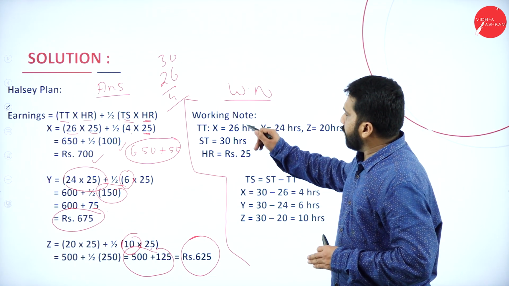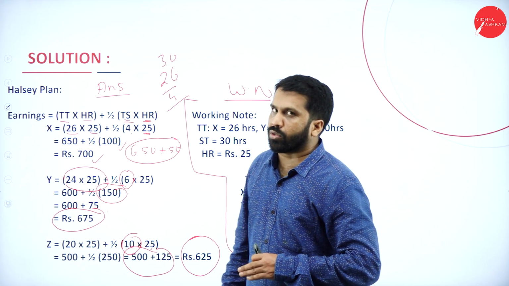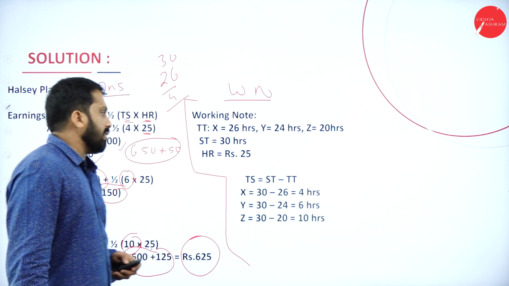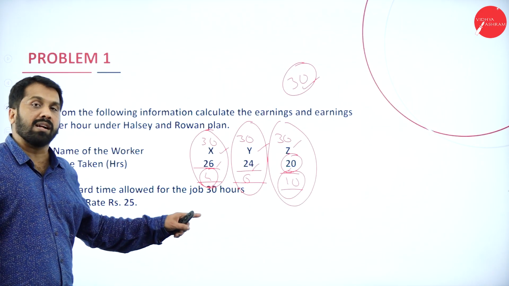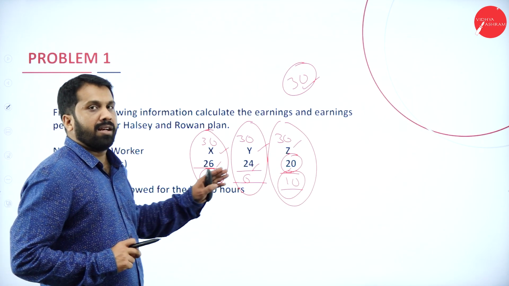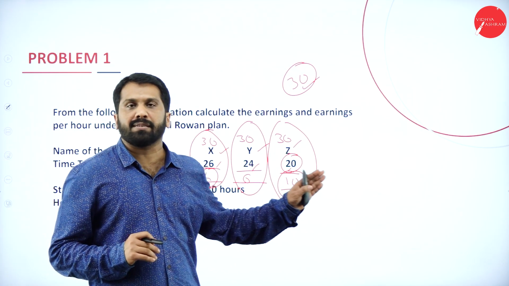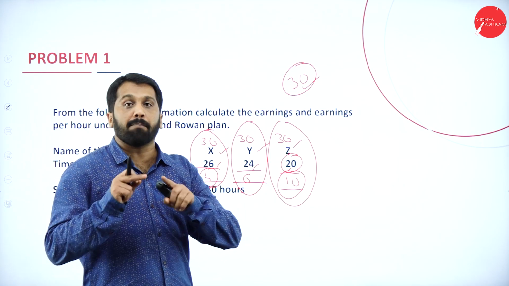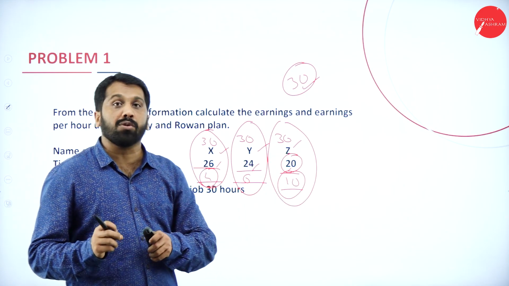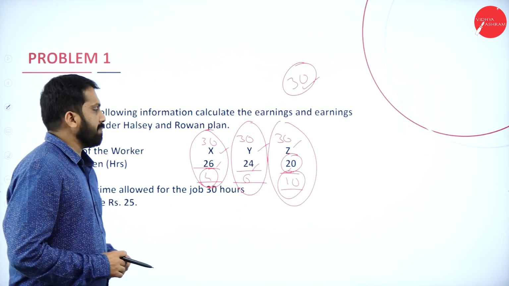Now, we are done with this. We are supposed to do the working note. The working note I have already done here. But in your examination, a normal working note will not fetch you marks. The presentation matters. How you present the answer, that is important.